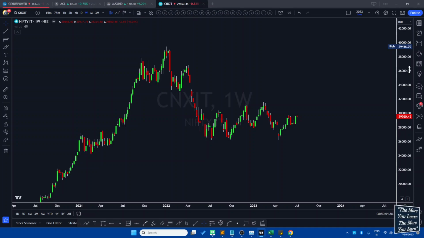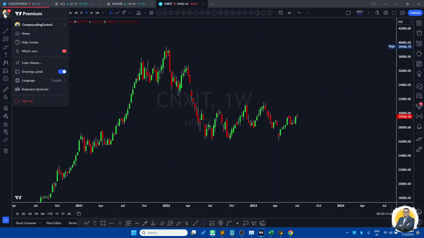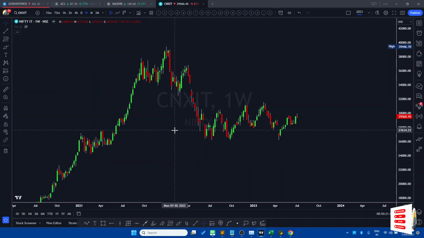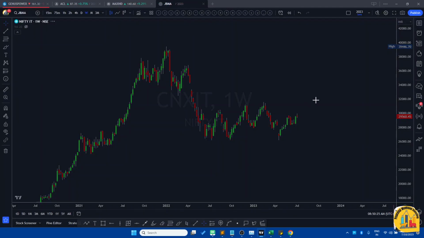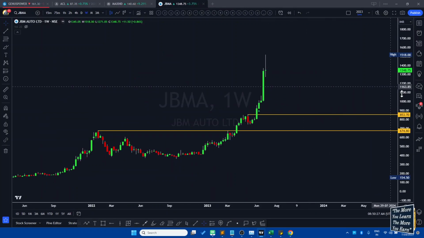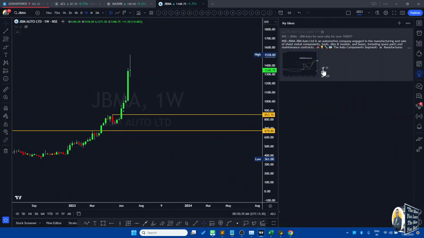And we know JB Automobile, which is an ancillary one, had a stupendous run, which I shared on my Twitter and Telegram and on TradingView, right? You can follow me on TradingView because I keep sharing a lot of charts there.